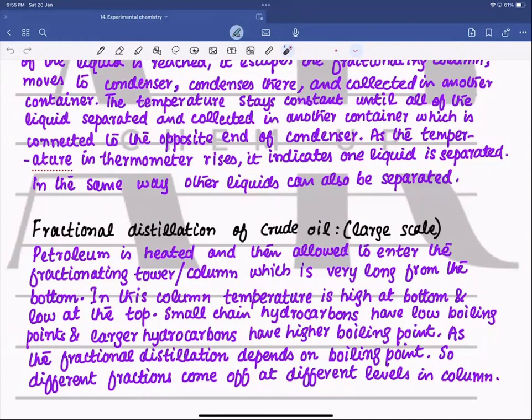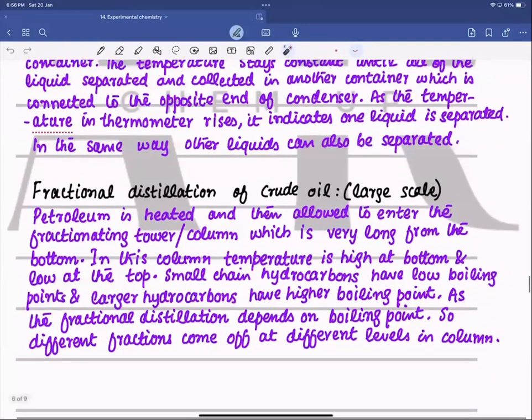As their size is bigger, they travel a smaller distance and are collected at different points of the column. So that's how the fractional distillation of crude oil is done. Complete this, and then we will be left with chromatography, which we will do in tomorrow's class.